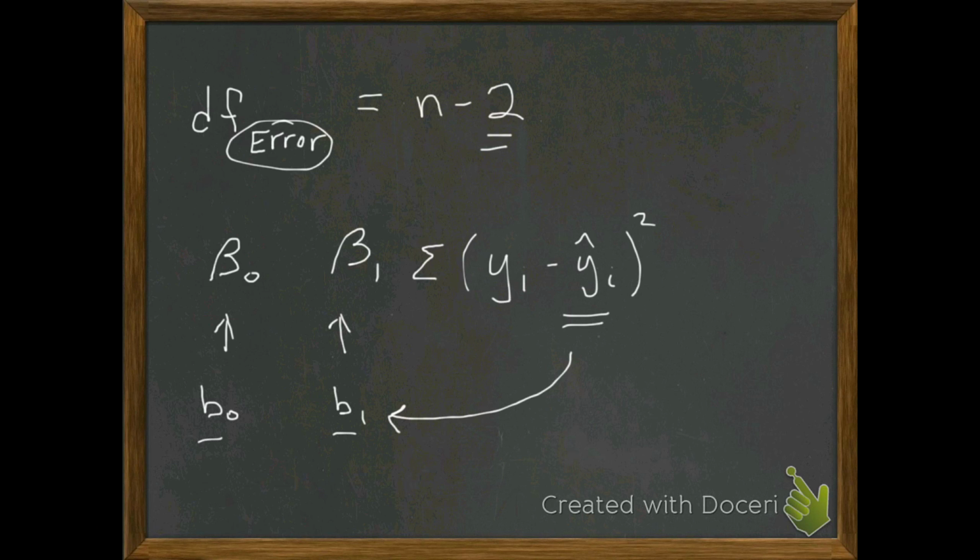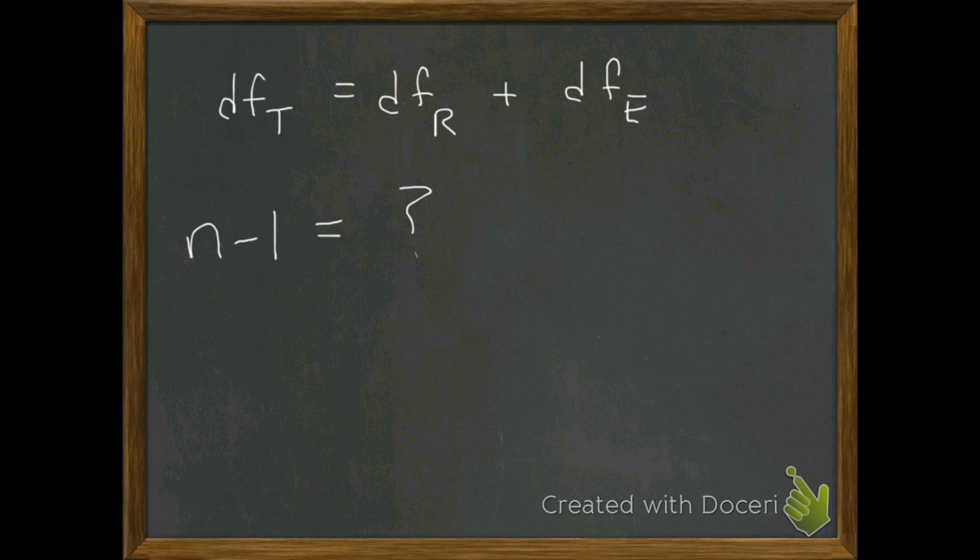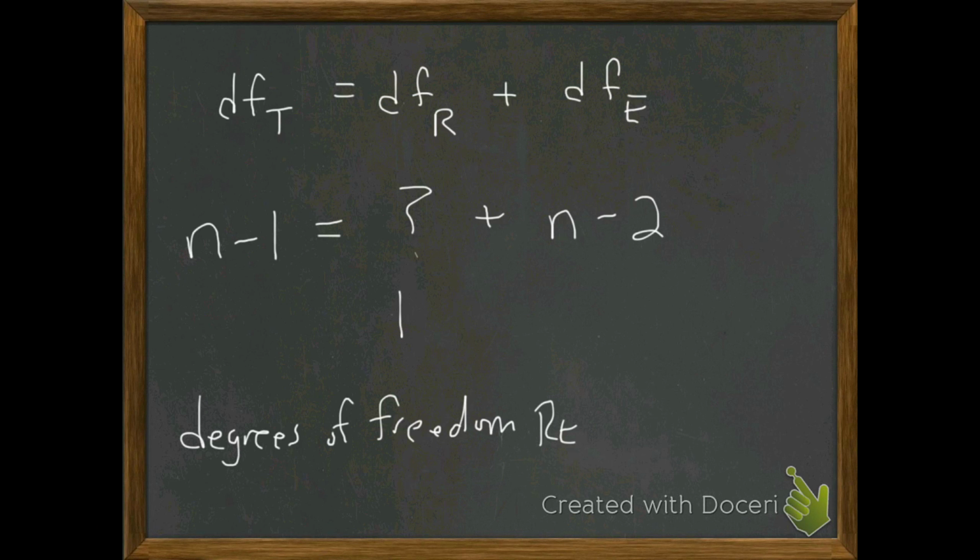Now, you're going to see that the degrees of freedom for the total and the degrees of freedom for the error, these things are additive. Since this is n minus 1 and this is n minus 2, well, you don't have to have a PhD in mathematics to figure out that the degrees of freedom for the regression is equal to 1.